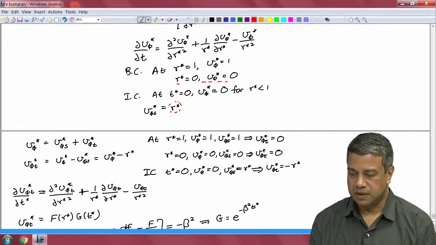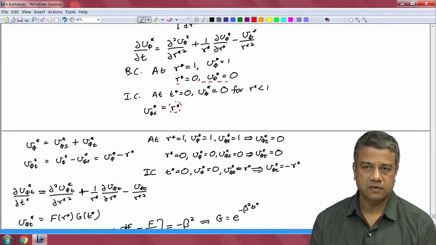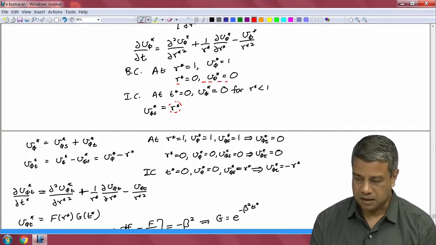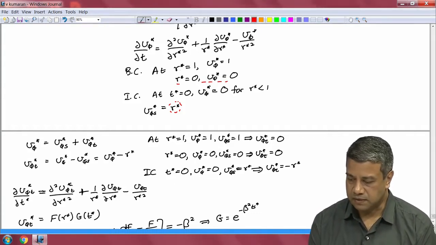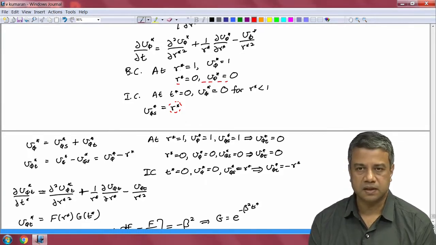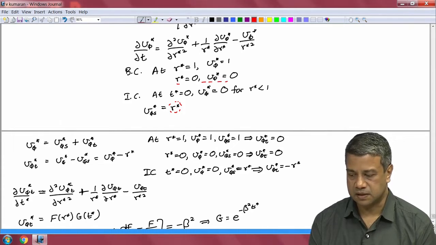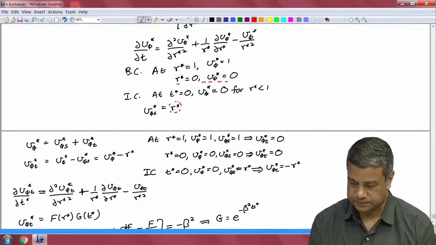However, there is no physical boundary in the flow at the center. Therefore, the angular velocity cannot go to infinity, and from the condition that it is finite at the center, we find that v phi has to be equal to 0 at the center, just from symmetry. As I told you, this is different from what we had for the temperature profile, where the slope of the temperature was 0 at the center. In this case, the velocity itself has to be 0 at the center.